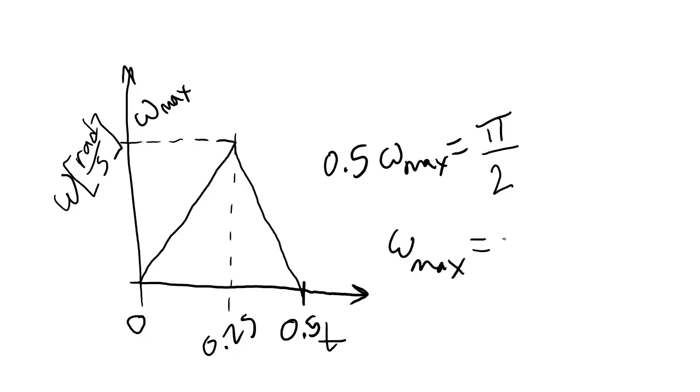So omega max is pi radians per second. Given that omega max is pi radians per second, can we figure out alpha for this move? We know that the motor has to accelerate from omega equals 0 to omega equals omega max in a time equal to 0.25 seconds.